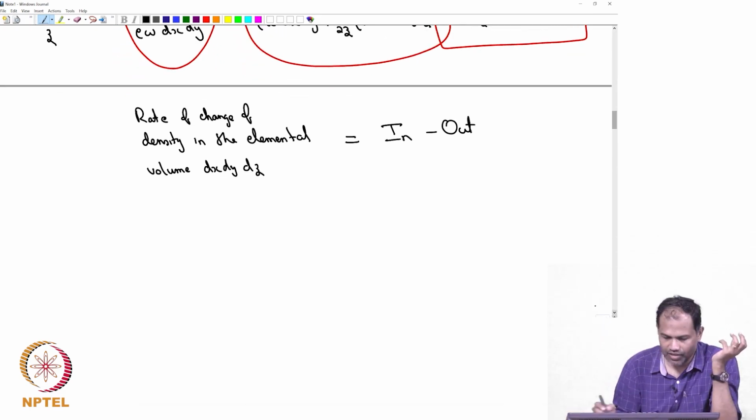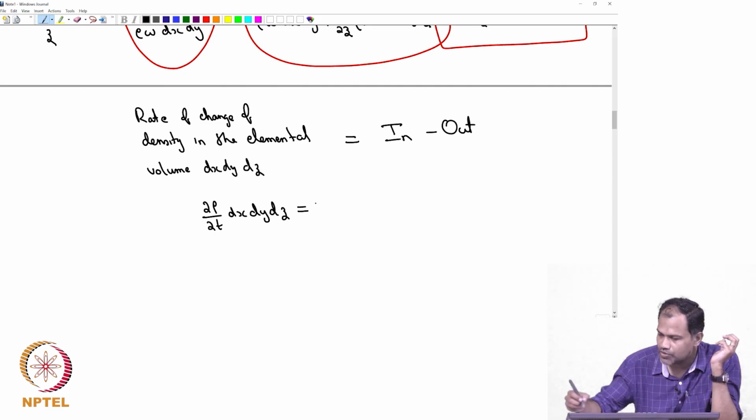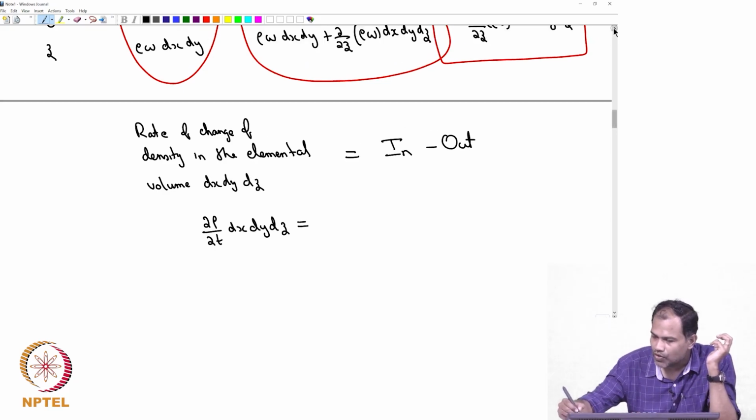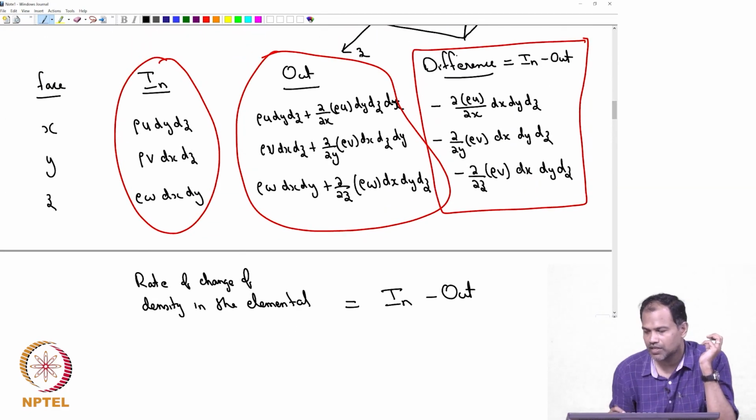So, then we can calculate the rate of change of density: del rho by del t times dx, dy, dz is equal to the sum of all the differences that we have calculated, the ones in the red square.